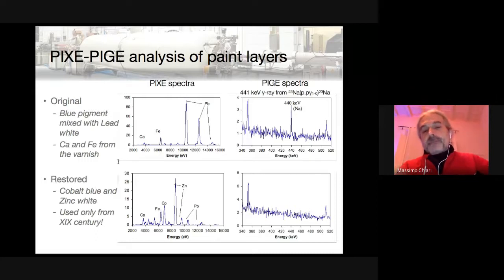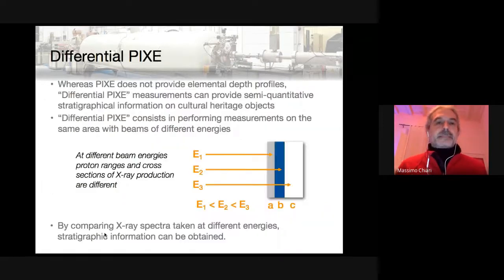To produce the same shade of azure, cobalt blue and zinc white were mixed together. And we know that it's a restoration because these pigments started to be used only from the 19th century. So even at the qualitative level, it is possible to distinguish original, restored or fake pigments.